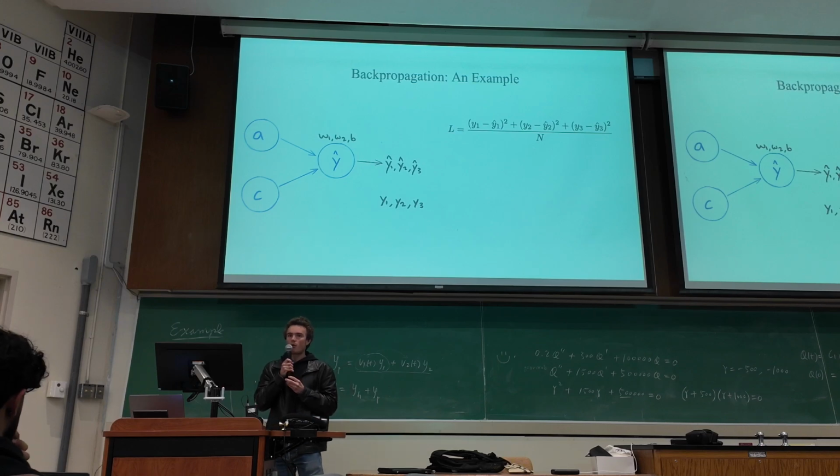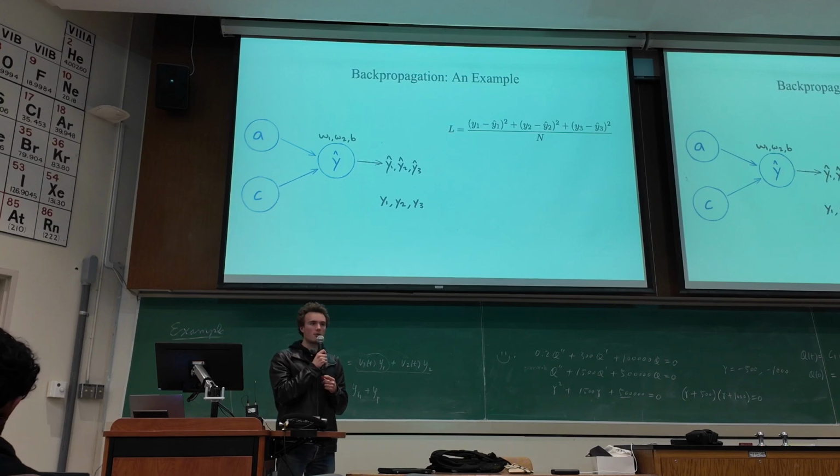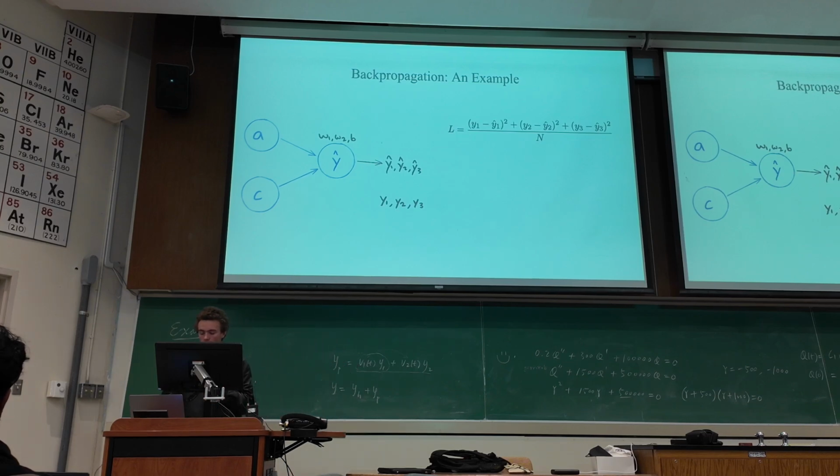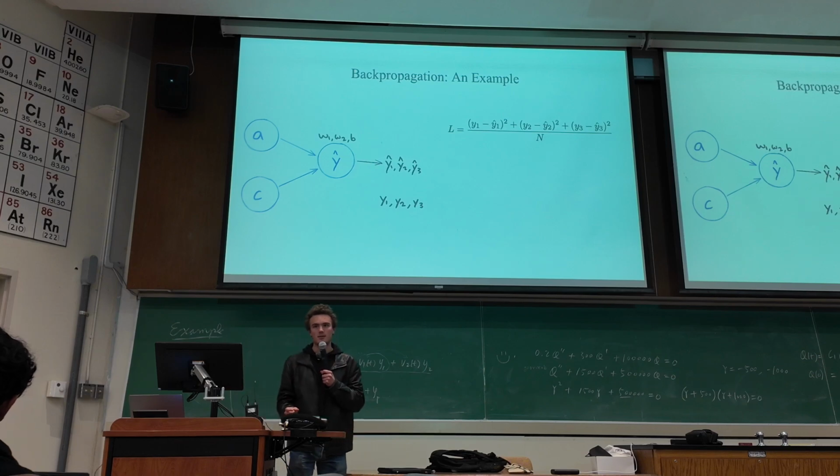Okay, so how are we actually going to do this? We are going to do calculus. Hooray, Math 6A, if you have taken it. If not, we're going to walk through it. Essentially, we want to find the derivative of the loss with respect to a weight. Remember what a derivative is? A derivative is a rate of change.